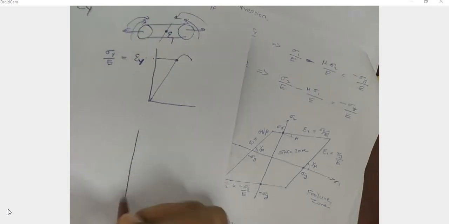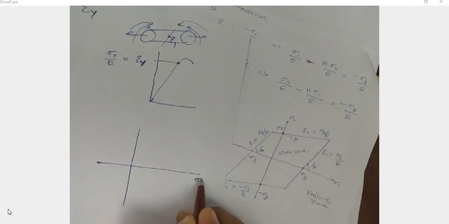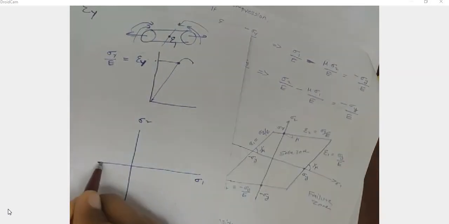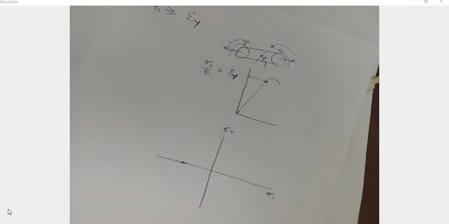So again, draw a line. This is sigma 1, this is sigma 2. So using the first equation, sigma 1 minus mu into sigma 2 is equal to sigma y.